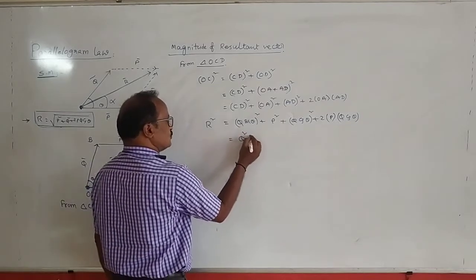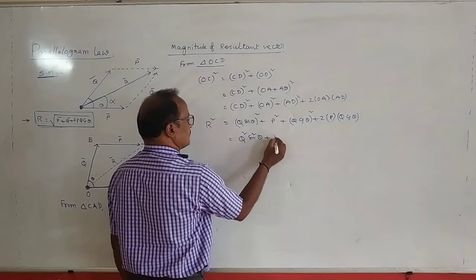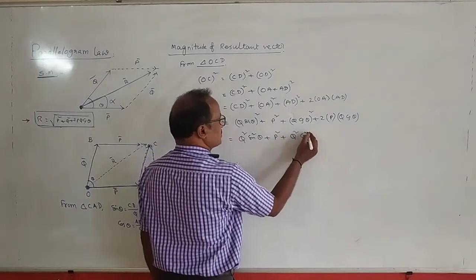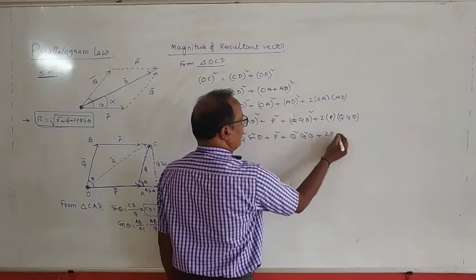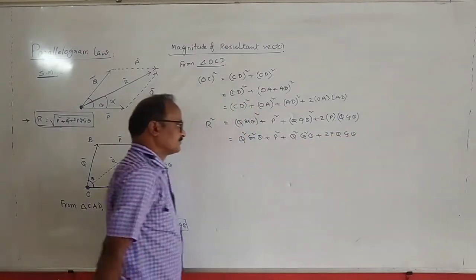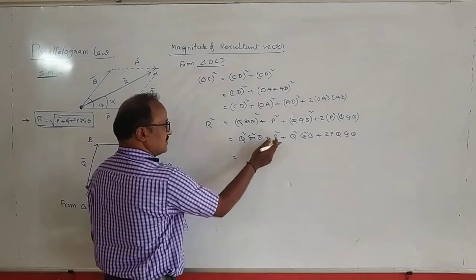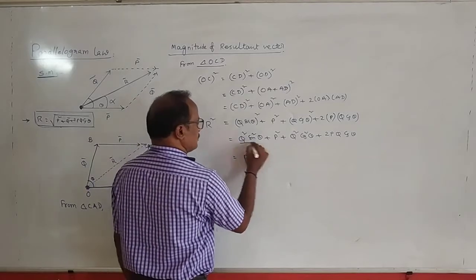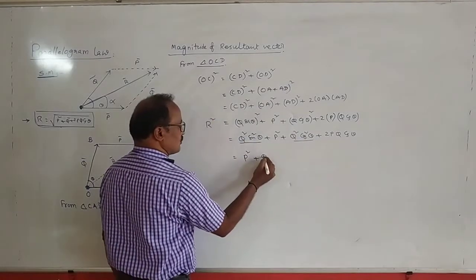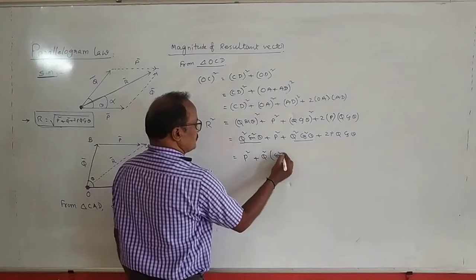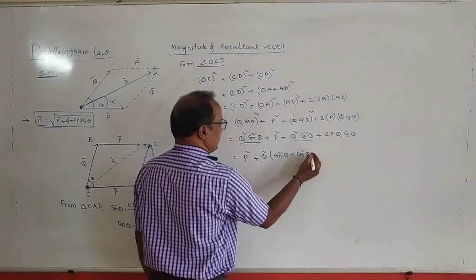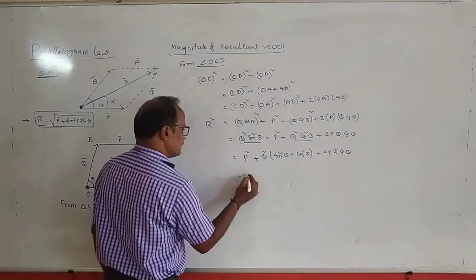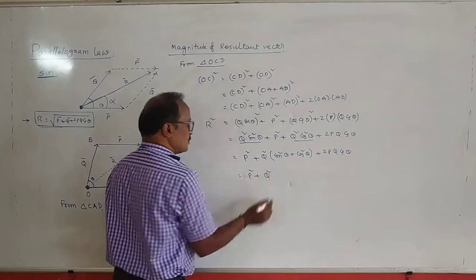This can be expanded as Q square sin square theta plus P square plus Q square cos square theta plus 2PQ cos theta. Okay now? Here, in these two quantities let us take Q square common: Q square into (sin square theta plus cos square theta) plus 2PQ cos theta, plus P square.